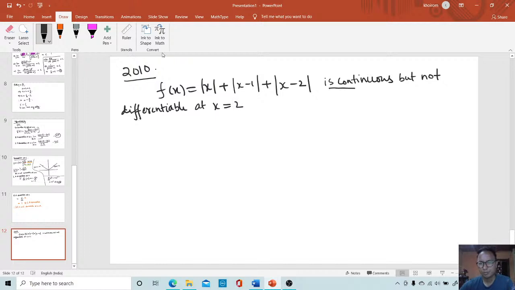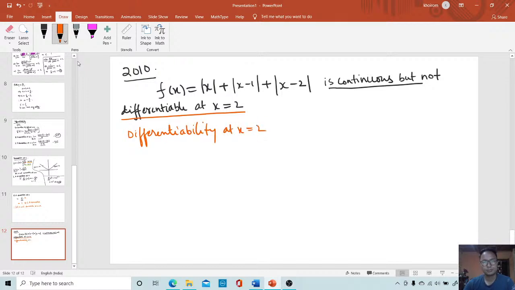Continuity we have already discussed. We are now going to focus on differentiability at x equal to 2.